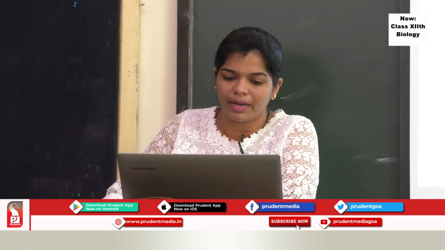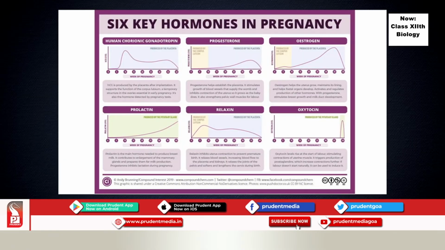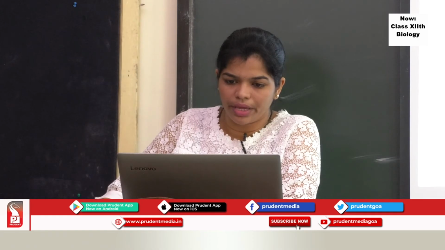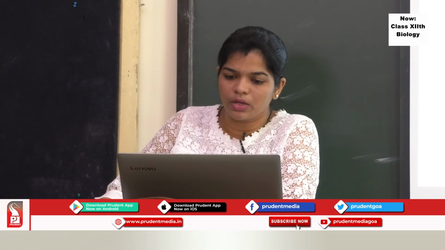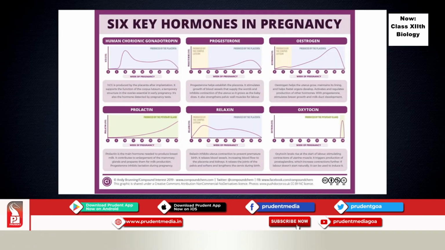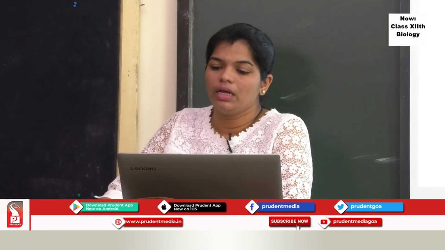It is produced by the placenta after implantation, and it supports the function of the corpus luteum, a temporary structure of the ovaries, which is essential for pregnancy. Coming to progesterone, it is produced by the corpus luteum, and it helps to establish the placenta, and it stimulates the growth of blood vessels.